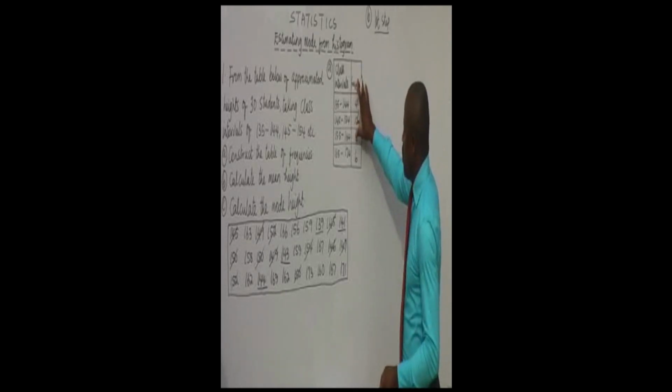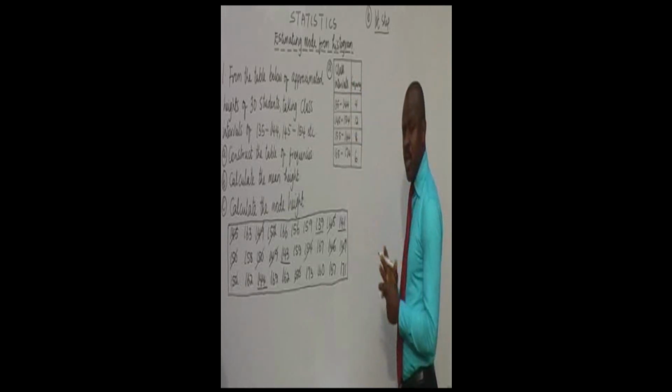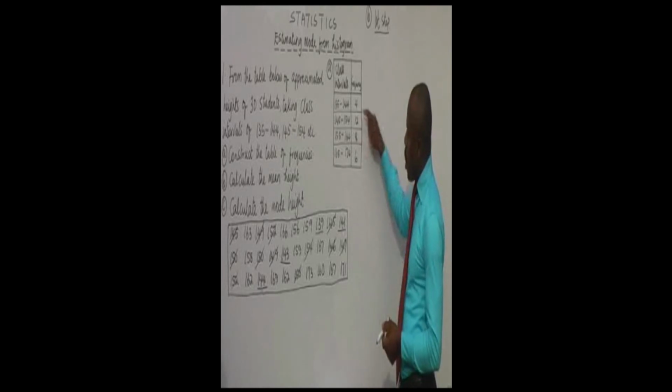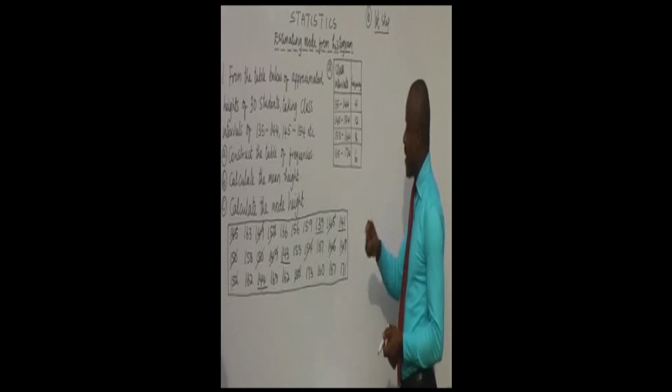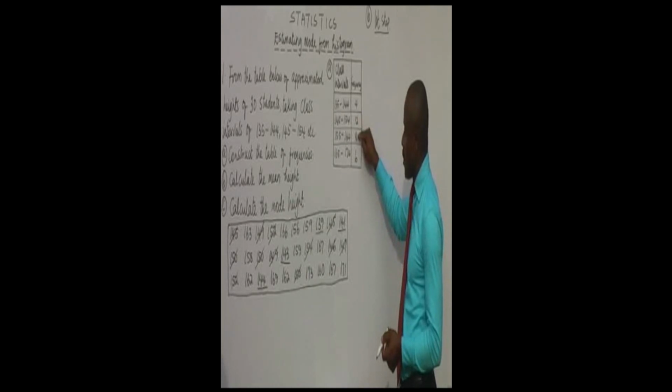Go to the frequency distribution table which you calculated in question number A. Go towards the middle. Now you have the first, second, third and fourth class intervals. Between the second and the third, choose the mid value of any of the intervals, either in the second or the third.